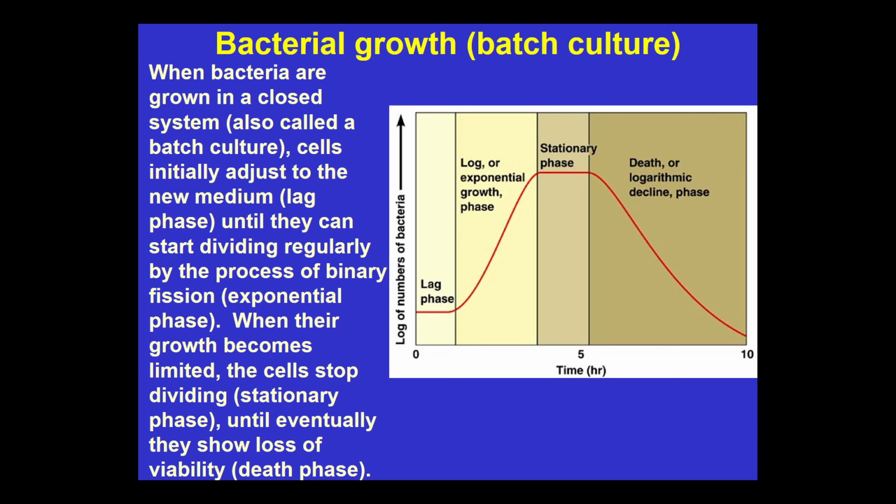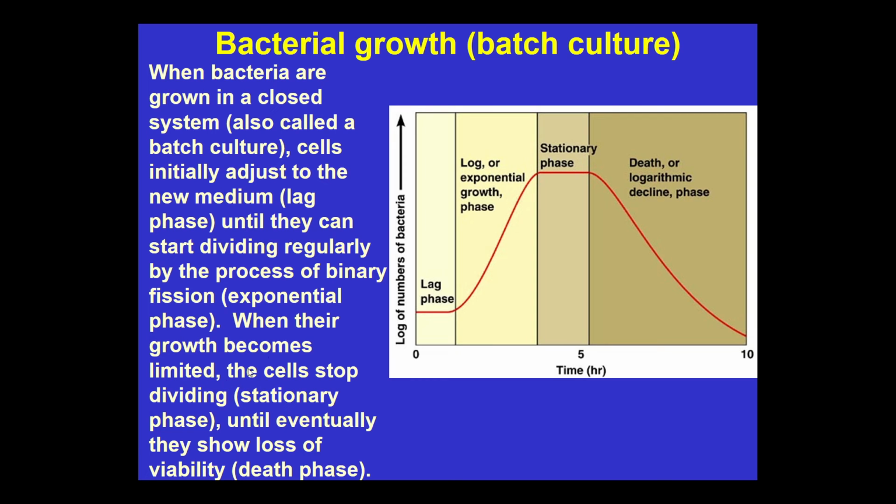Then, what types of cultures do we usually use and how may bacteria grow in the laboratory, in cultures? We may have two systems for their growth, closed system and open system.